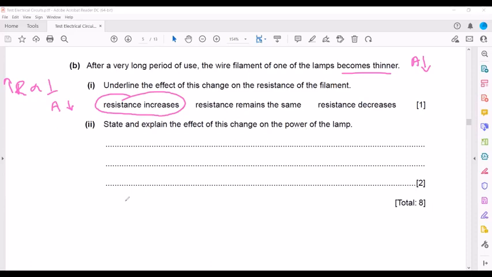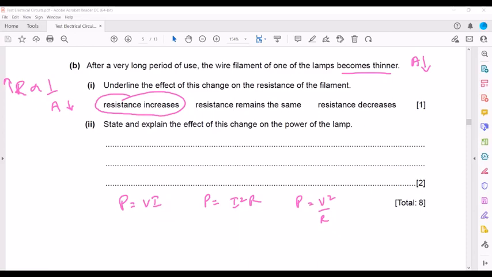Look, power has 3 formulas. P equals VI, P equals I squared R, or P equals V squared over R. When we compare what will be the effect, you can explain using the formula in which only one of the variables is changing.